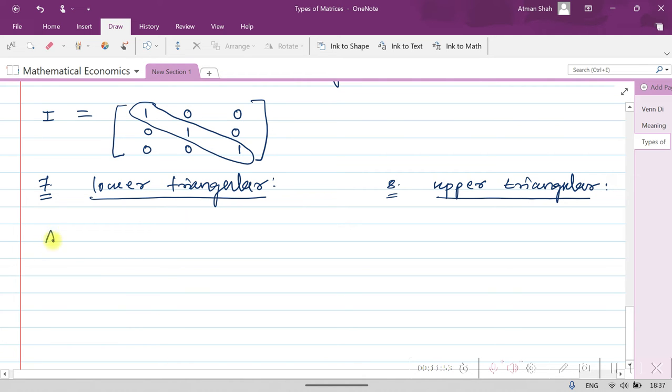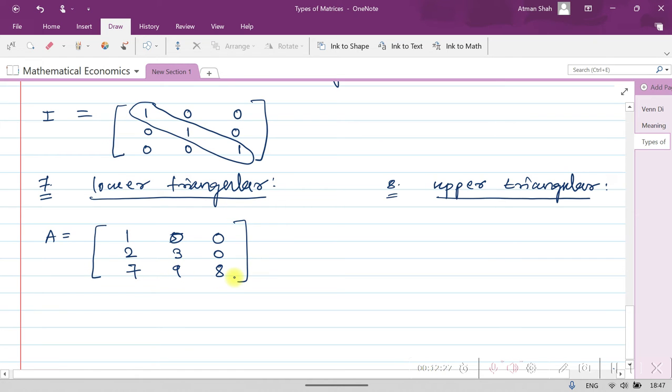So suppose we have matrix A, that is 1 0 0, 2 3 0, and last row is suppose 7 9 8.